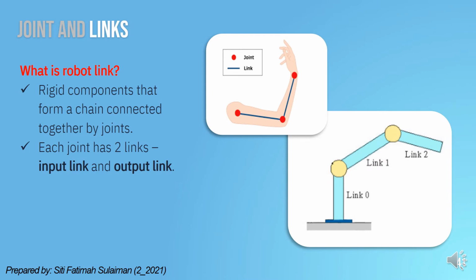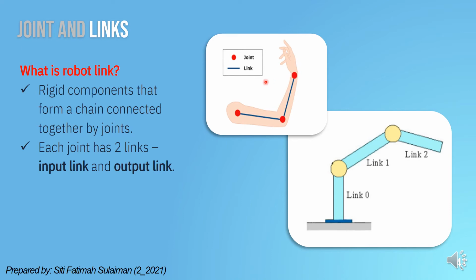Okay, so we have learned about robot joints. Now let's move to robot links. So what is a robot link? A robot link is a rigid component that forms a chain connected together by joints. So as mentioned just now, the blue lines here are the robot links.